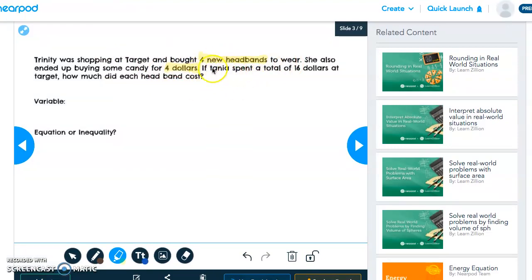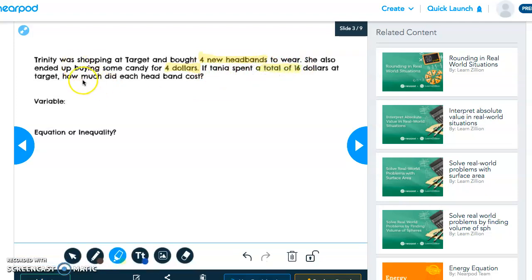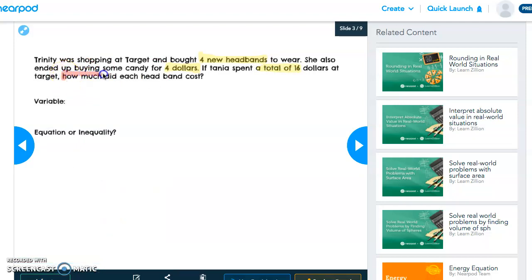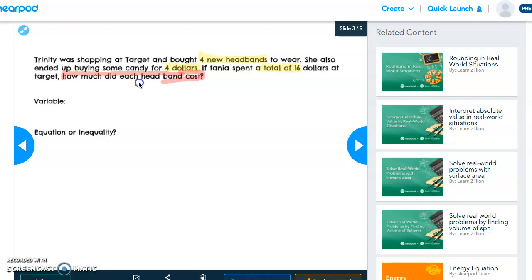But this should be: if Trinity spent a total of $16, how much did each headband cost? I'm going to highlight this in red because it's telling me what I need to find.